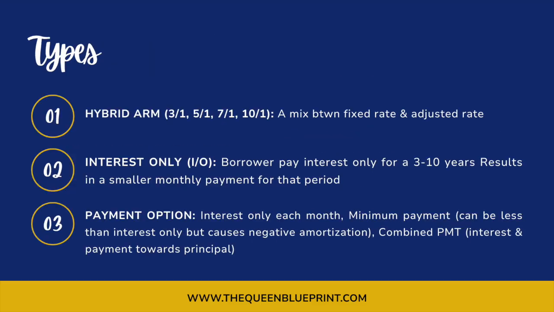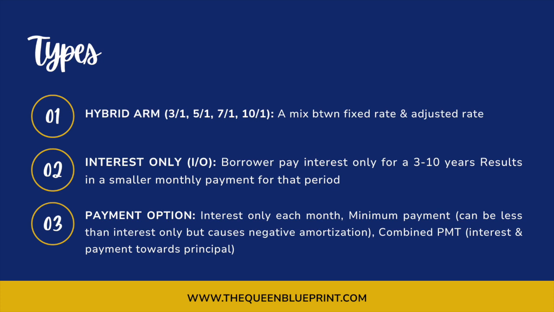So there's a couple of different types. So you could have a hybrid ARM, okay, which is a mix between a fixed rate and an adjusted rate. So then they said, okay, well, how can we make it a little bit more appealing? And they came out with this demon child, okay? Just kidding. They came out with a mix between a fixed rate and adjustable rate, and they created the hybrid ARM.